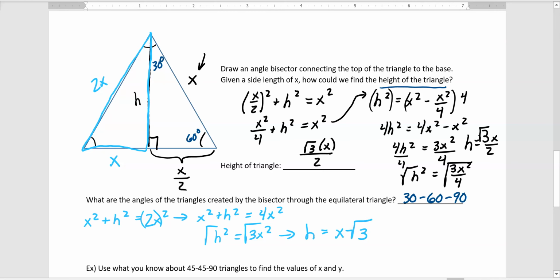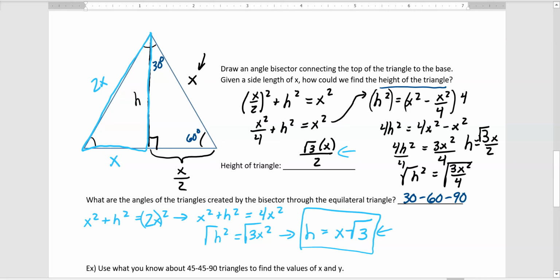So there's two ways to look at it. If they give us the long side, the hypotenuse, we would use this one. If they give us the short side of our 30, 60, 90, we can use this one, okay? Now this is the one that I will most often refer to because I think it's the easiest operation-wise.